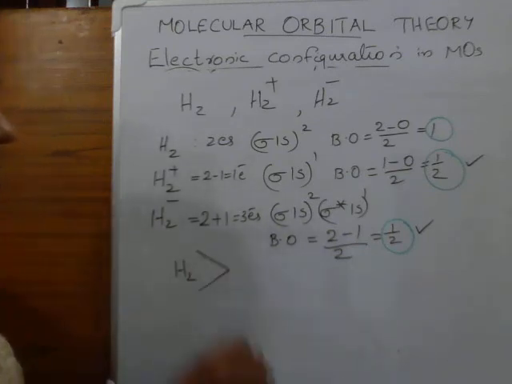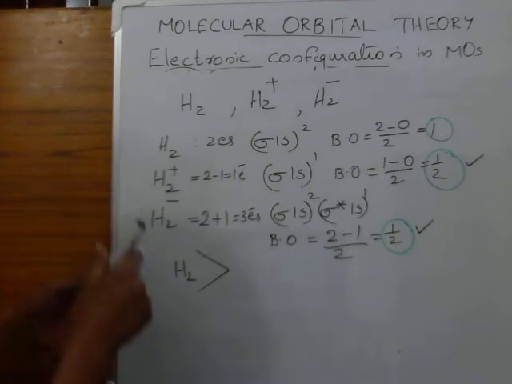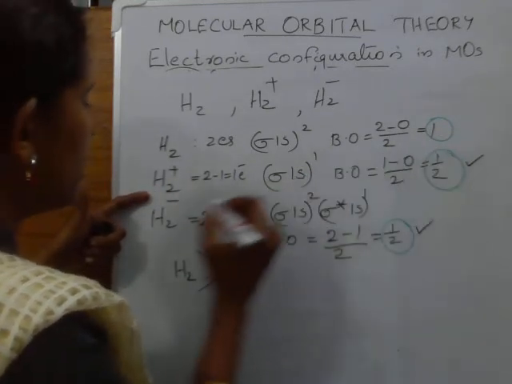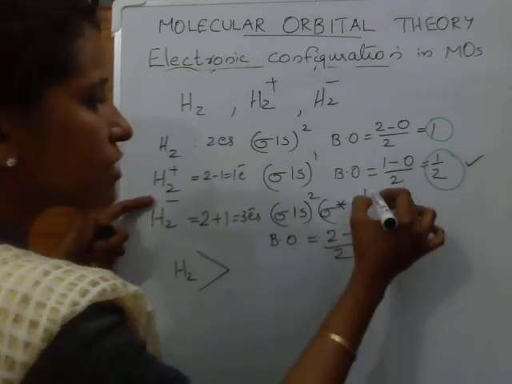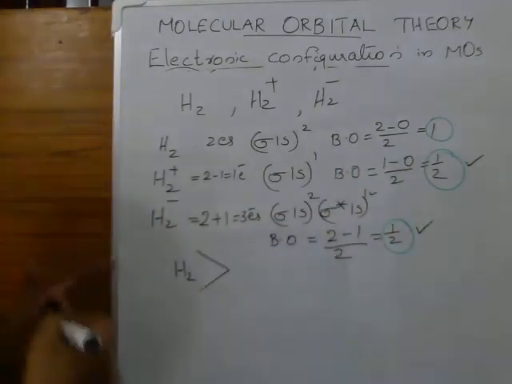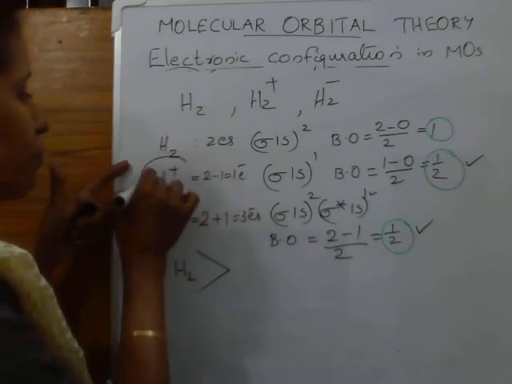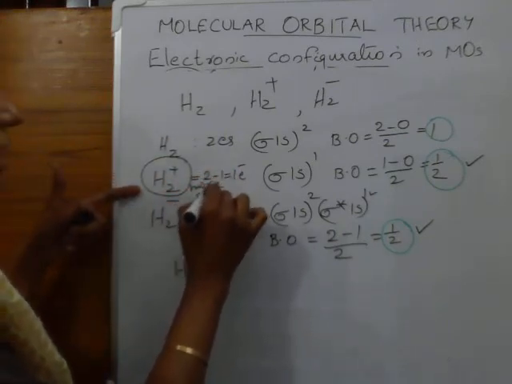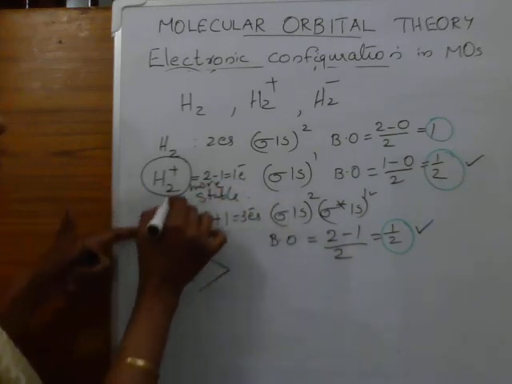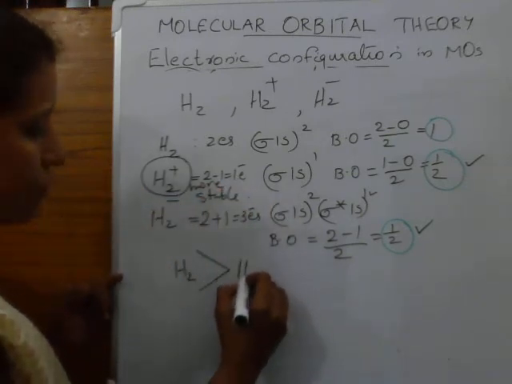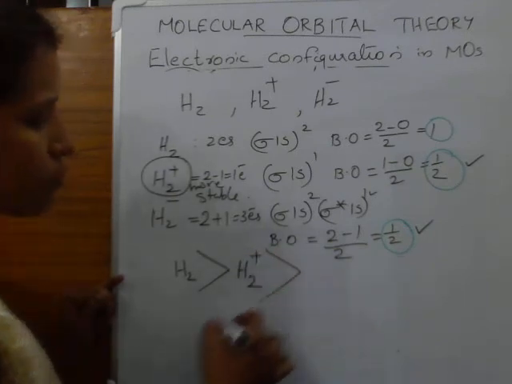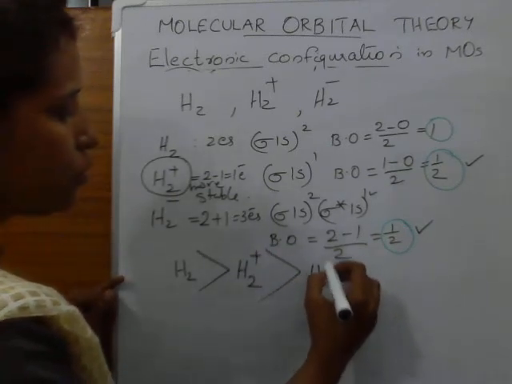The one having the lesser number of antibonding electrons will be more stable. In H2 plus ion, there is no antibonding electron. But in H2 minus ion, there is one antibonding electron. So which is more stable? H2 plus will be more stable than H2 minus. That is, after H2, the next stable molecule is H2 plus, which is more stable than H2 minus.